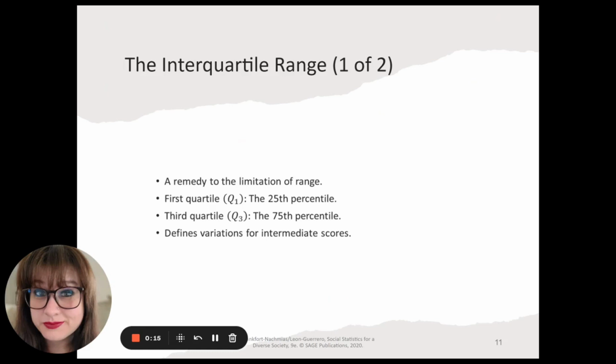So we're going to talk about the interquartile range. There's a couple things. We can't always use range, it can be misleading, and we can't use range for nominal variables either. It can be used to describe diversity in ordinal variables because they're in order, but nominal variables have no real significance to them if it's just a matter of random scores.